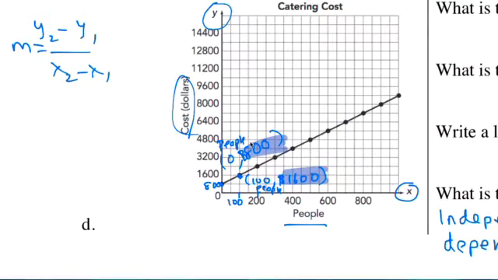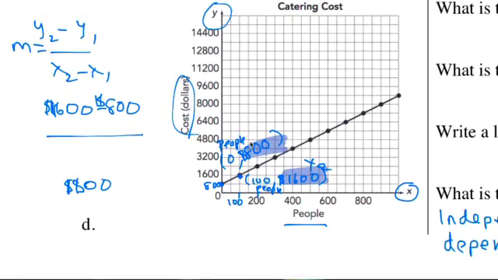This is the second one, y sub 2, so $1,600 minus $800 is $800, over 100 minus 0 people, 100 people.